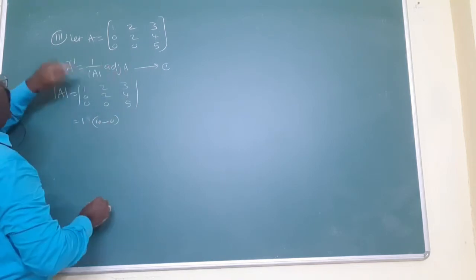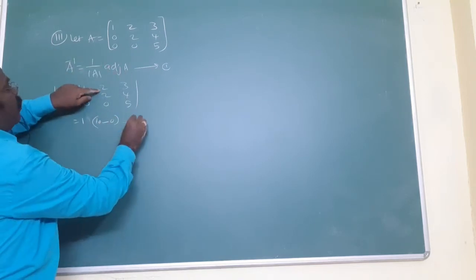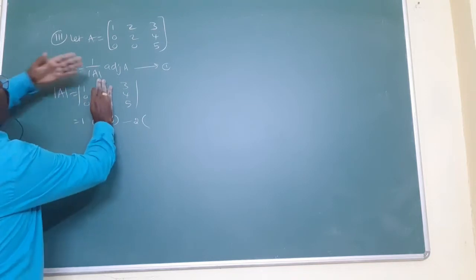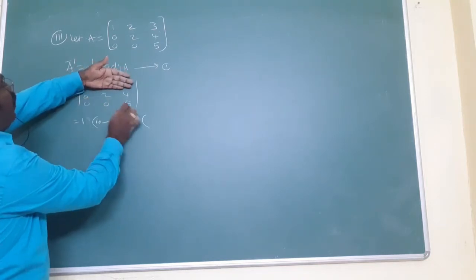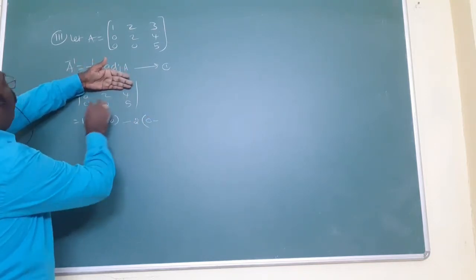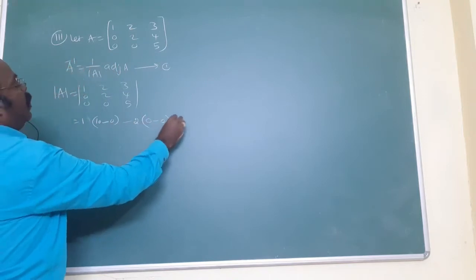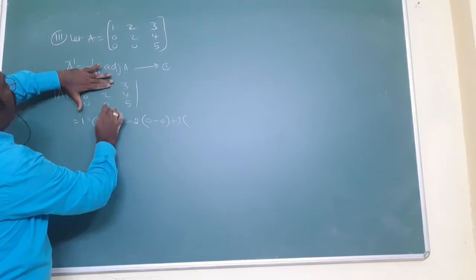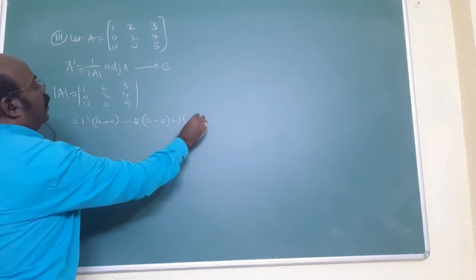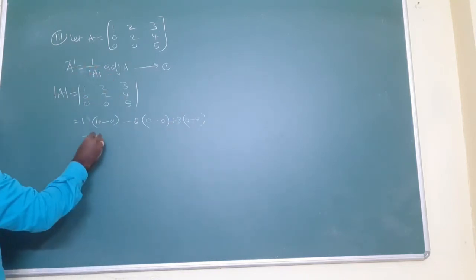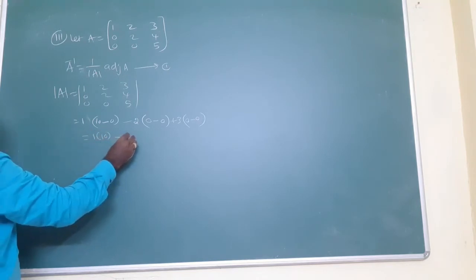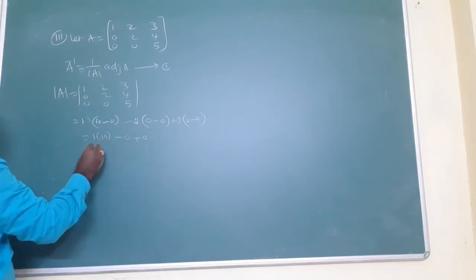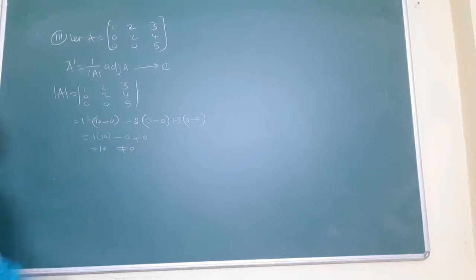That's all. The middle number 2, change sign to minus 2, again cancel the row and column: 0 into 5 is 0 minus 4 into 0, 0. Plus 3 into, again cancel the row and column: 0 into 0, 0 minus 0. That's the right answer. Here, 1 into 10 minus 0 plus 0, that's 10. This is not equal to 0.